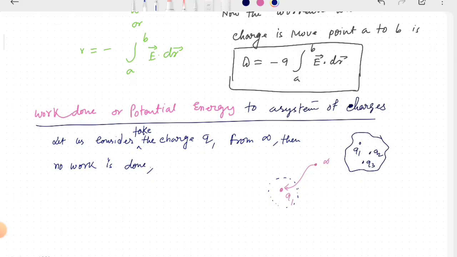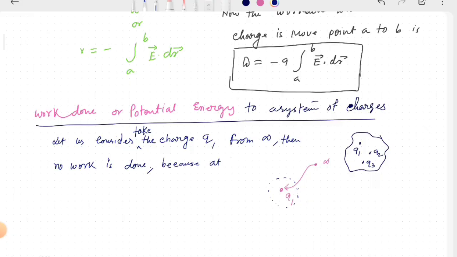So that is the main reason. In simple terms, if a charge is brought from infinity to a point where there was no charge, the electric field is 0, so work done is also 0.